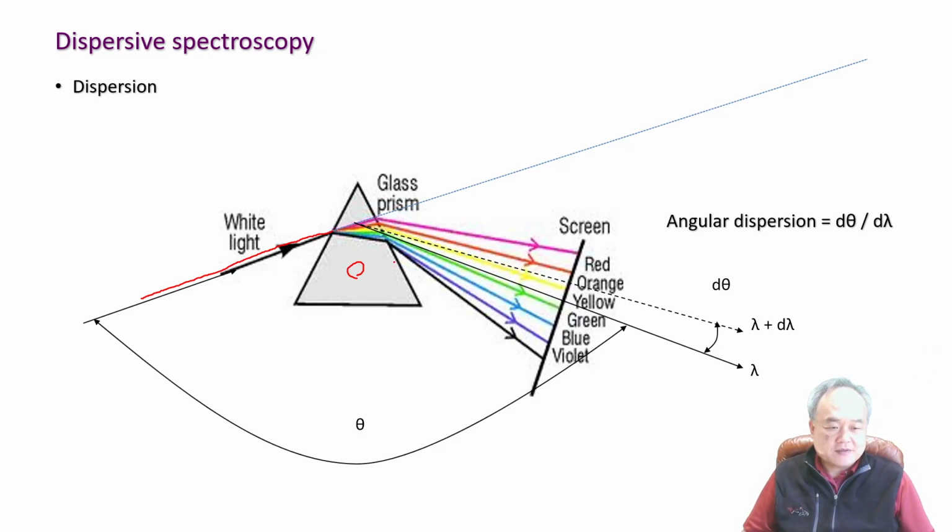For the typical triangular prism shape, the incoming photons are refracted twice: once when entering the prism material, and a second time when escaping out of the prism material.